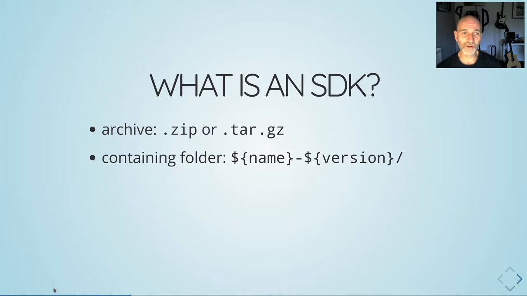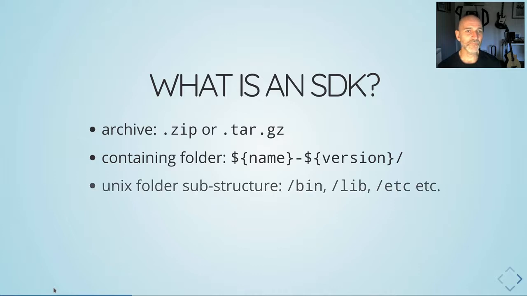Inside of that archive, there'll be a containing folder, and that folder will normally take the convention of the name dash the version. So, for example, Kotlin 1.3.72 that we looked at, it would be kotlin-1.3.72. That would be the name of the folder. If we go and peek inside that folder, you would find something that looks like a small Unix file system.